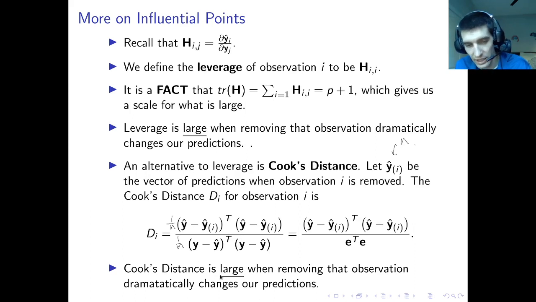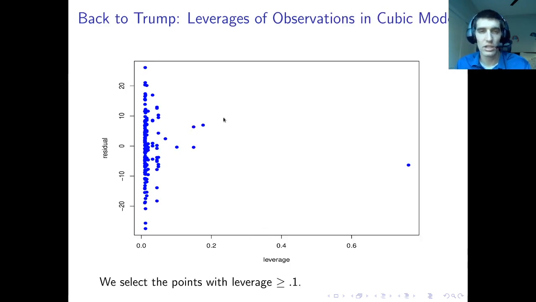And so the idea, again, as we were talking about, is that Cook's distance is large when removing the ith observation dramatically affects our predictions. So let's look at what is called a leverage plot of observations from the cubic model we were looking at before.